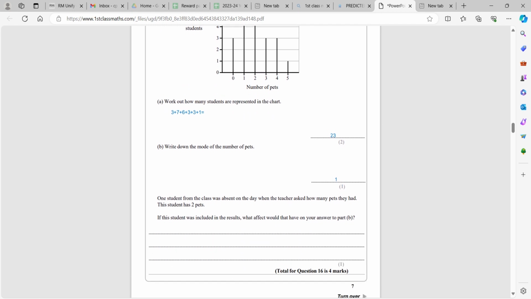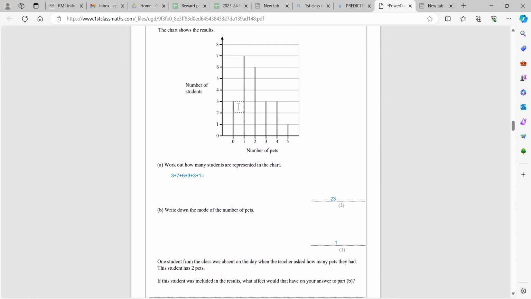One student was absent from the class on the day when the teacher asked how many pets they had. This student had 2 pets. If this student was included in the results, would it affect your answer to part B? So we knew that this was the mode because it had 7 people. If someone else came and they said 2, that would take that up to 7 people.